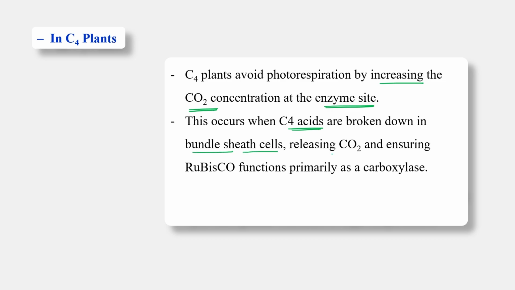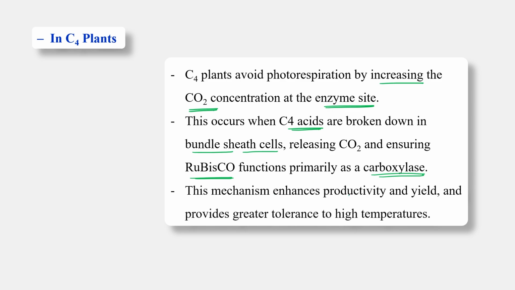In the bundle sheath cell these enzymes are present, so it functions primarily as a carboxylase. This mechanism enhances productivity and yield of the plant, and provides greater tolerance to high temperature. Because of the different kind of anatomy, Kranz anatomy, present in the C4 plant, it avoids photorespiration and fixes all the carbon dioxide present in the environment.